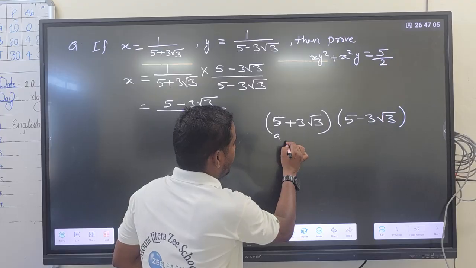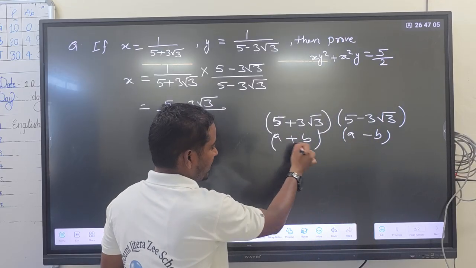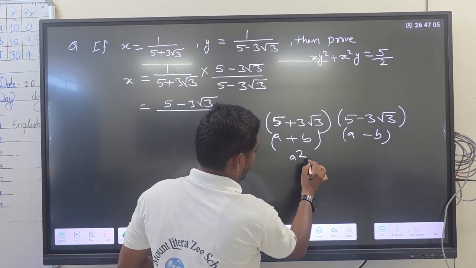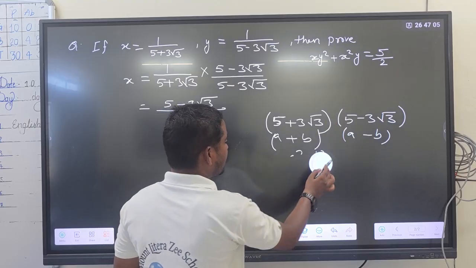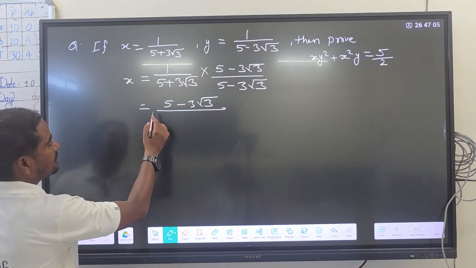Means what? A plus B into A minus B. And we know very well A plus B into A minus B is nothing but A square minus B square. So here the same concept we are going to apply, that is A square minus B square.